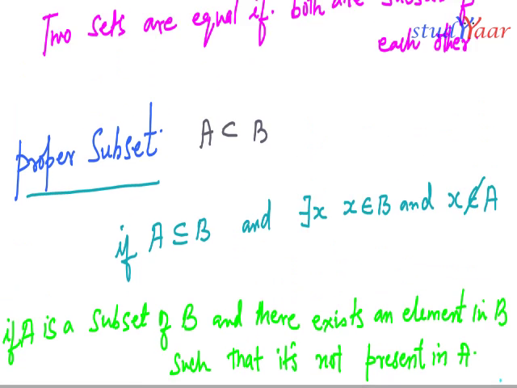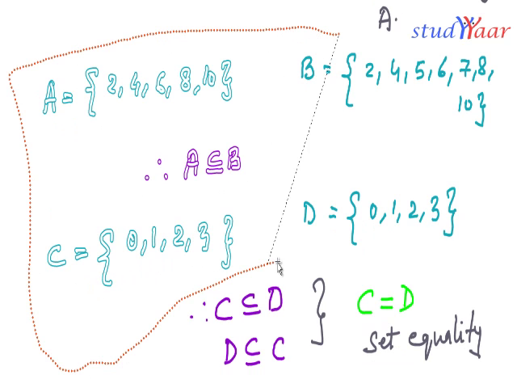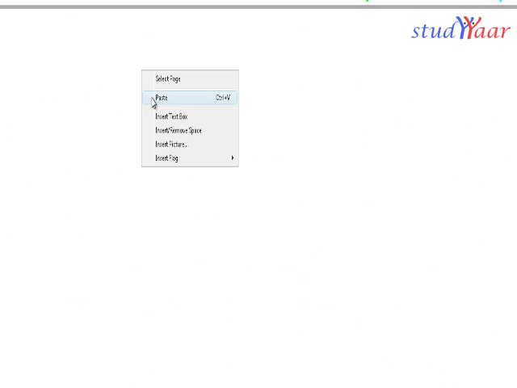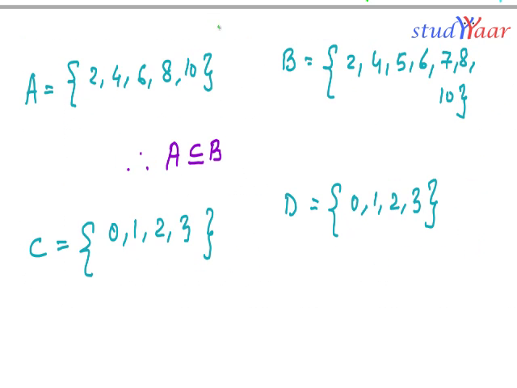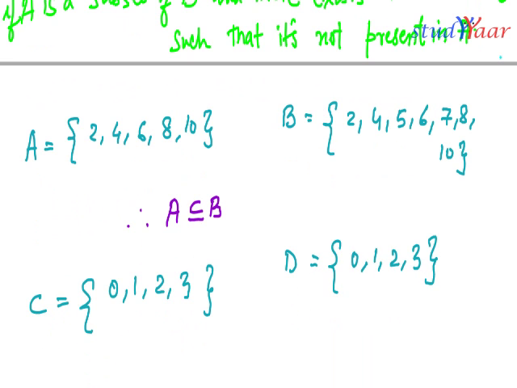So if I take the same examples over here, let me just copy this and paste it over here. Now I know A is a subset of B, but is A a proper subset of B? Let us check. My definition says there should be an element in B such that it is not present in A. I can see over here that 5 is an element of B, but it is not present in A. Therefore my condition is fulfilled.